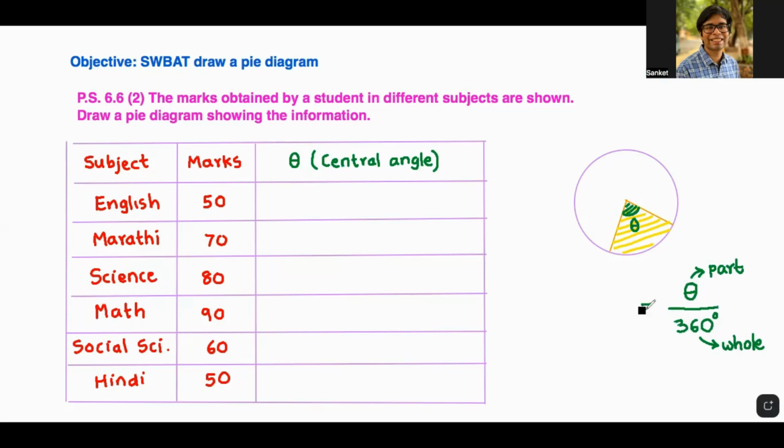Now we are going to equate that with a part upon whole of the English marks that we have. Suppose the marks in English are 50. So I can call this as marks in a subject, and this corresponds to the part.